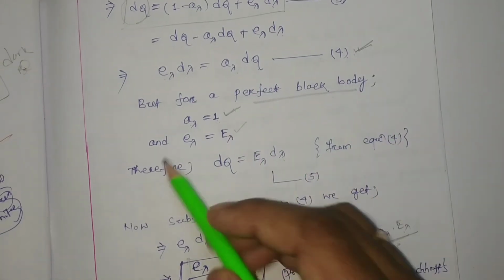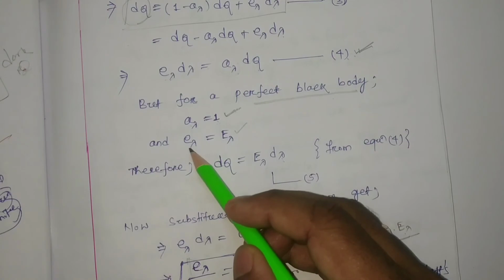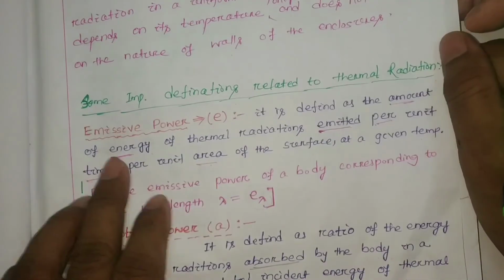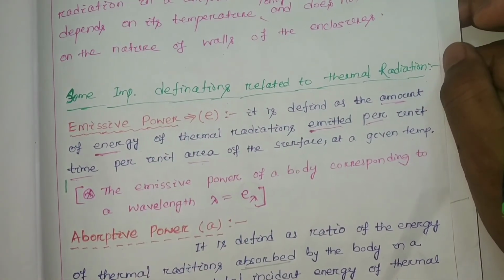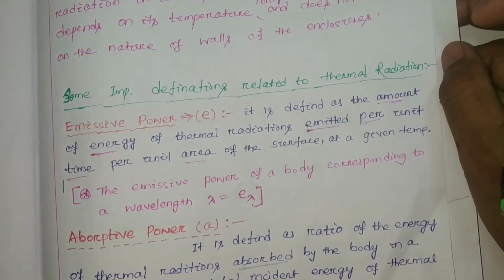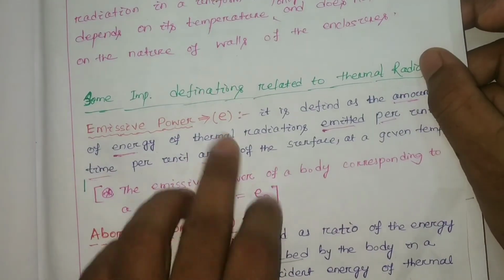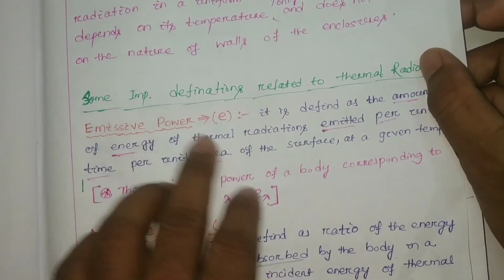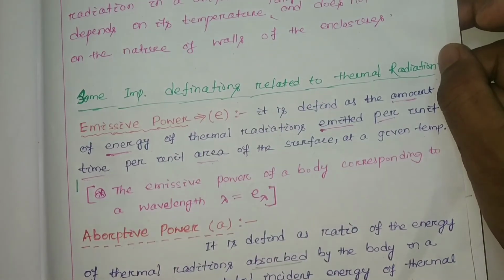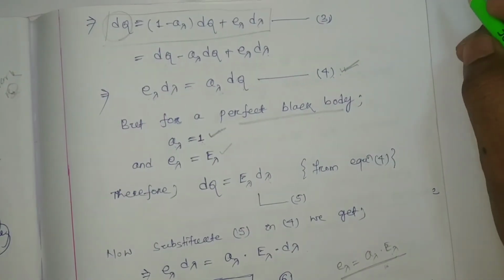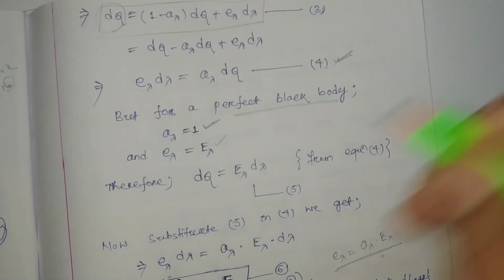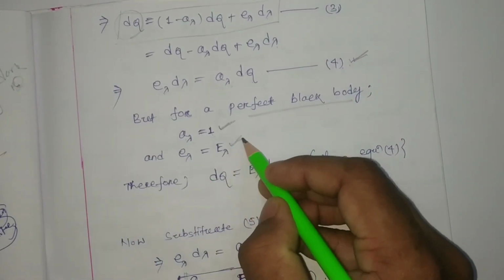And what does small e lambda represent? Small e lambda represents the emissive power of any particular body. So if small e lambda represents the emissive power of a body, then the emissive power of a black body is represented as capital E lambda. That's it, nothing else.